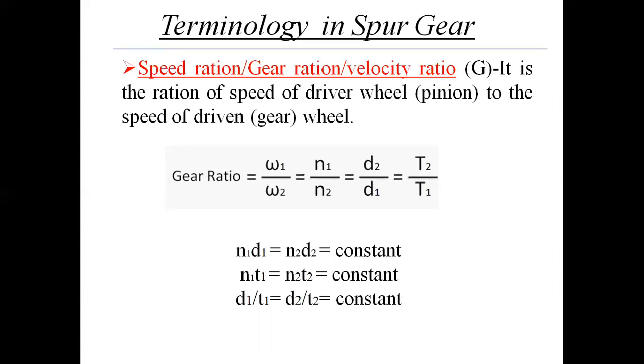Here it is the ratio of diameter of driven to driver. Again it is written in terms of number of teeth: the teeth on the driven wheel to the teeth on the driver wheel.